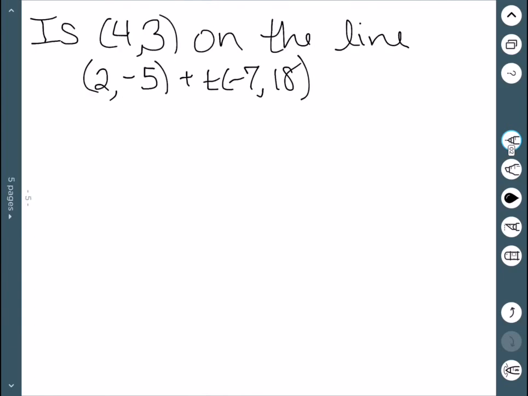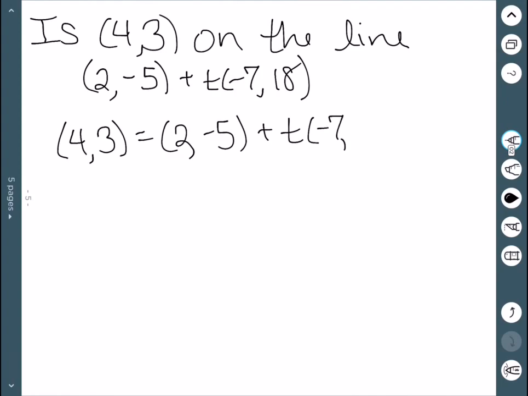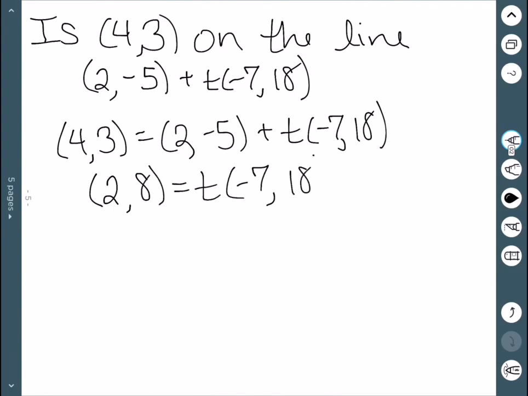Next, let's consider this example. Is (4, 3) on the line represented by (2, -5) plus t(-7, 18)? Well, in order to figure this out, we just need to set this equal to the line and try to solve the resulting equation. If I subtract the (2, -5) vector, 4 minus 2 is 2, and 3 minus -5 is 8, equal to t times (-7, 18).